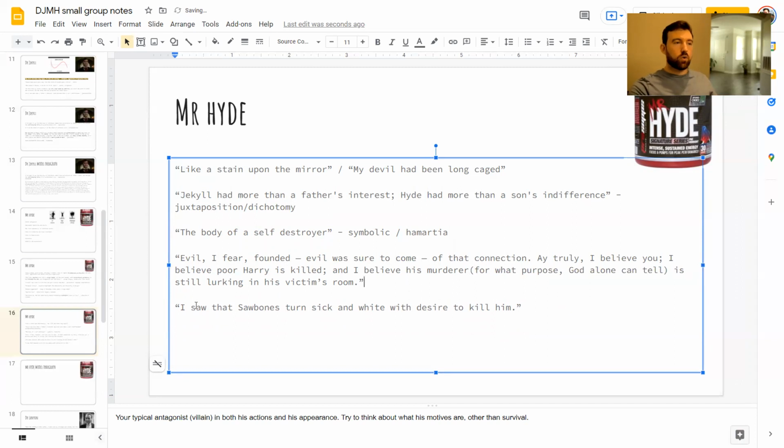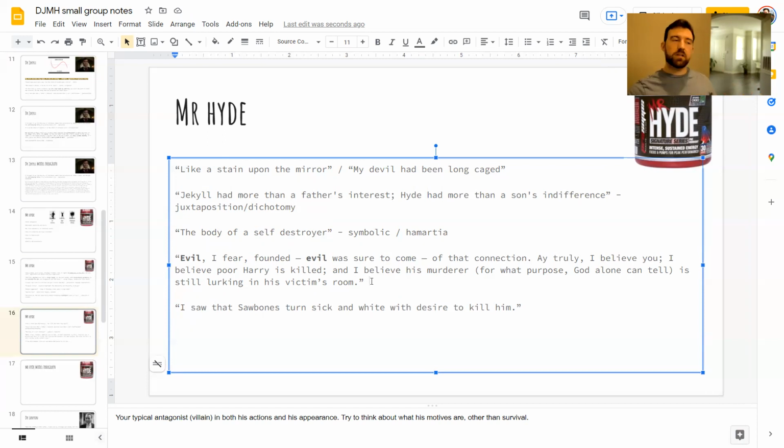Now, it's a very long quote. I don't expect you to remember all of this, but note the repetition of evil, evil, evil, yeah? And the fact that Utterson at the end comes to the conclusion that he believes Mr. Hyde has killed Dr. Jekyll shows just how bad Mr. Hyde is, because Mr. Utterson is someone who's very logical and calm and steady.